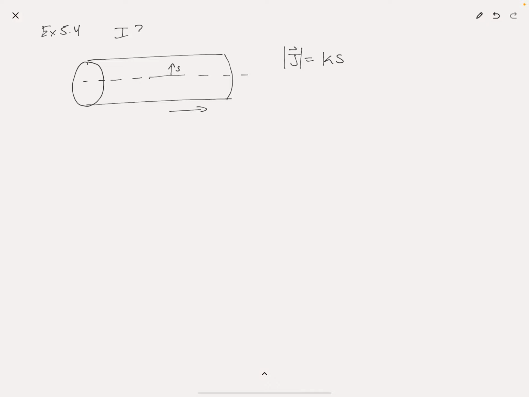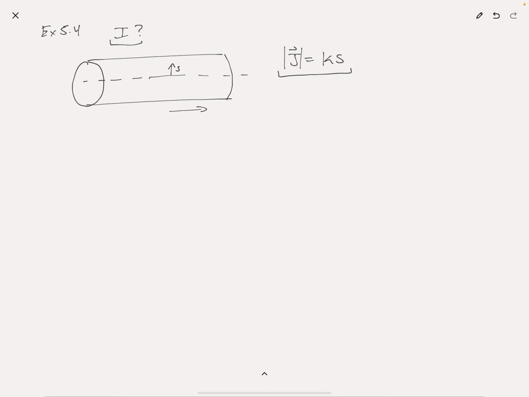So what is the total current going through that cylinder? I had that long pause because I was looking at my notes, which were for part B, and that didn't match what example 5.4a was. My goal here is to calculate, using this volume current density, the total current traveling through this cylinder.